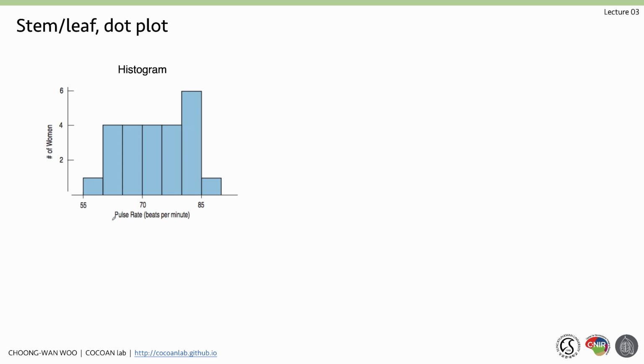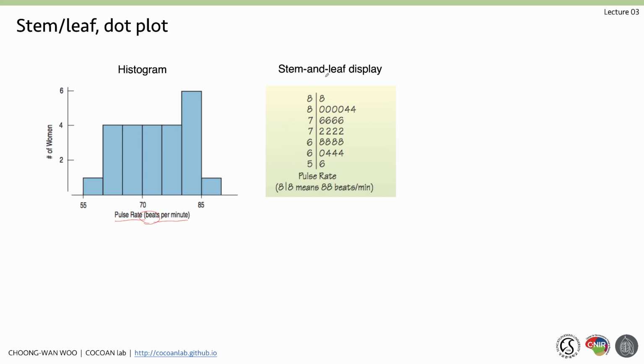Here the data is about pulse rate, beats per minute, around 60, and the number of women. This is a stem and leaf display, and it shows the numbers. There was a 56, and a woman who had 60, and 64, 64, 64, so three people had 64.